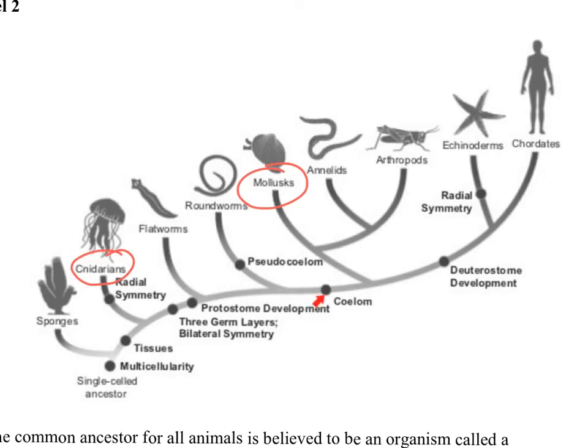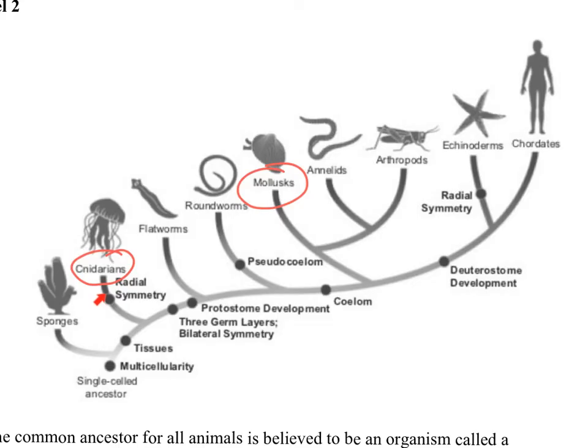So for example, the coelom, the pseudocoelom, the protostome, the 3 germ layers, all of these are not good candidates because they are not present in the cnidarian. Now, the cnidarian does have radial symmetry, but you can see that this is something unique to this branch.